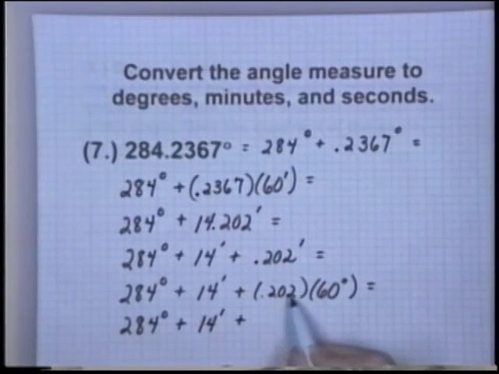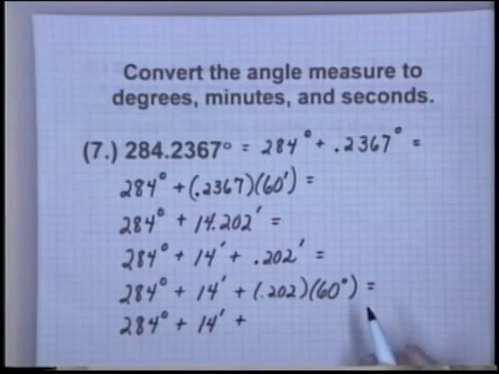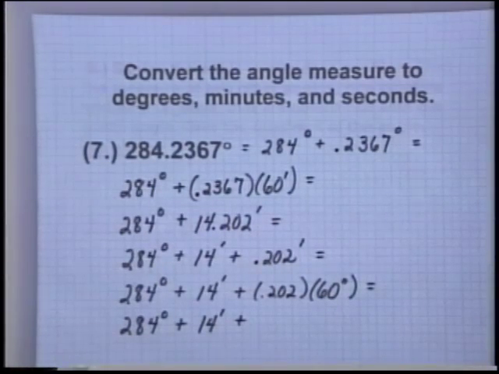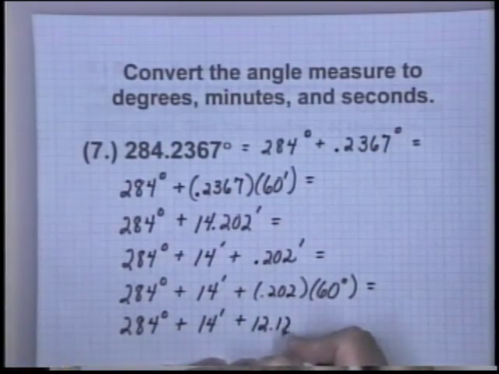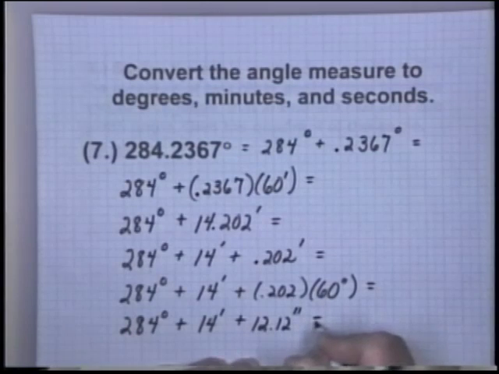When we multiply 202 thousandths times 60, we get 12 and 1200ths seconds.